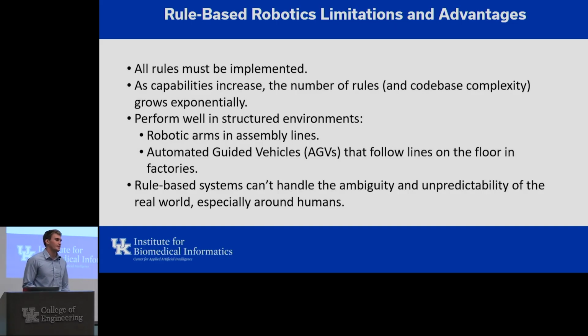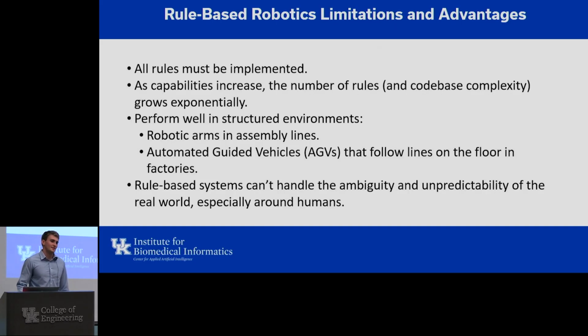But these aren't completely obsolete. These are still the best choice in a lot of different applications. So, for example, for a robotic arm like the example I used, a state machine would be a perfect way to implement that because you don't need it to adapt to unknown scenarios or unpredictable environments. Same thing with automated guided vehicles.